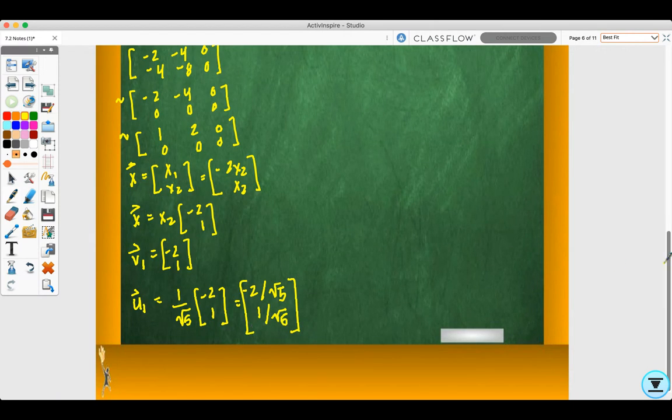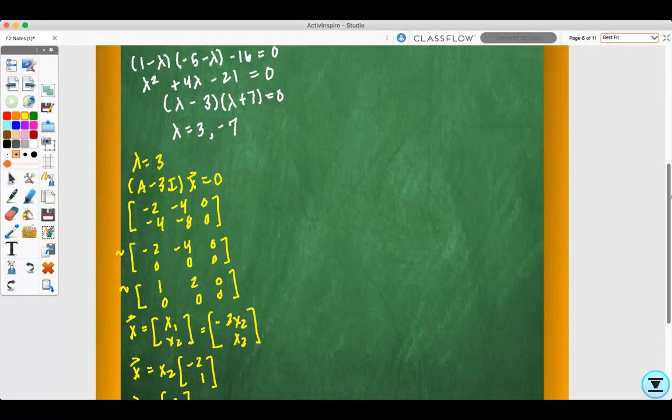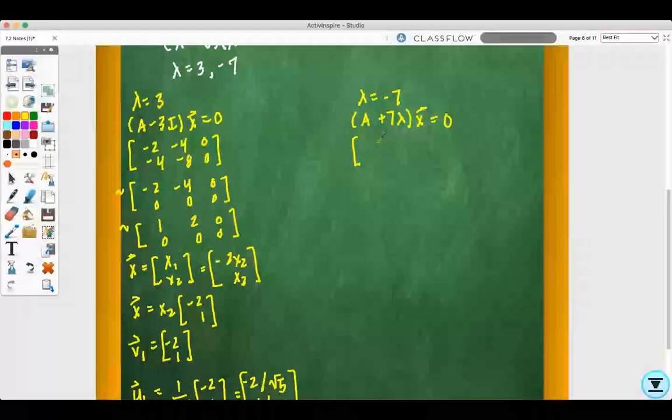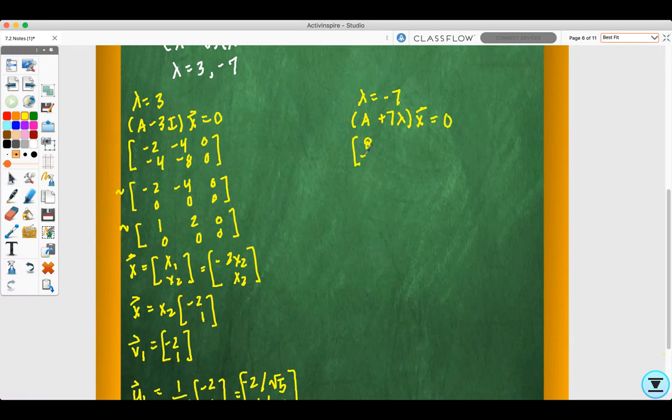We're going to do the same thing for lambda equals -7. So we're going to solve (A + 7I) times vector x equals 0. So I'd have [8, -4; -4, 2].